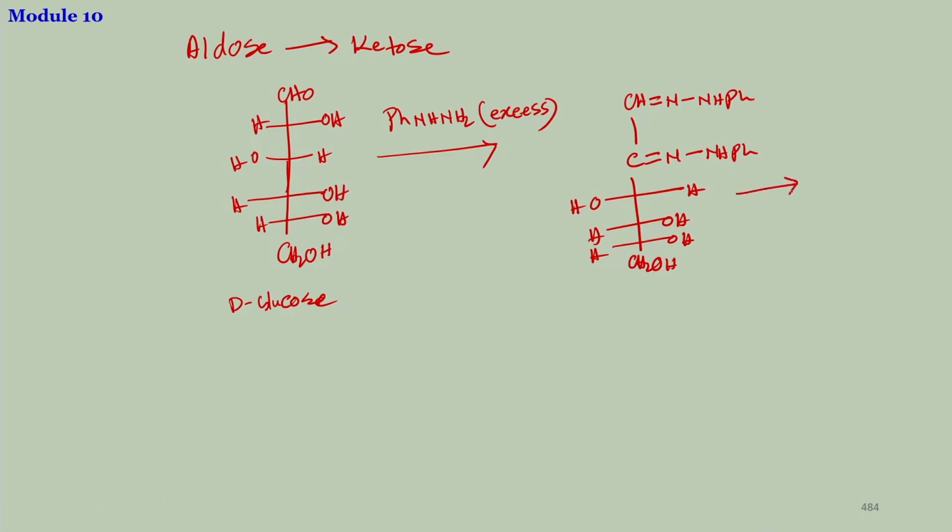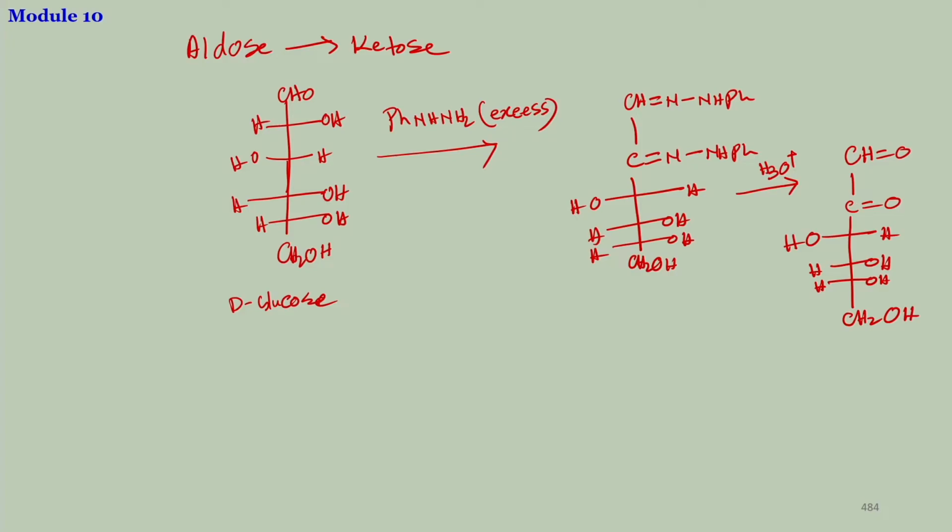Now, if you hydrolyze it fully in acid catalyzed hydrolysis, this will be converted into CHO, this would be converted into keto, and the rest would be intact. So, you have aldehyde and keto both.